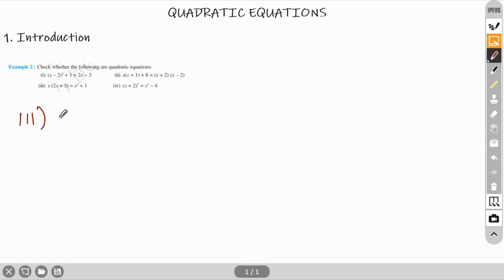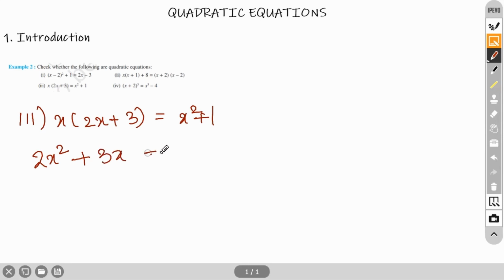Continuing with the third part, given as x times 2x plus 3 equals x square plus 1. Opening the brackets, 2x square plus 3x equals x square plus 1. Bringing the right hand side to the left hand side, we'll get 2x square plus 3x minus x square minus 1 equals 0.